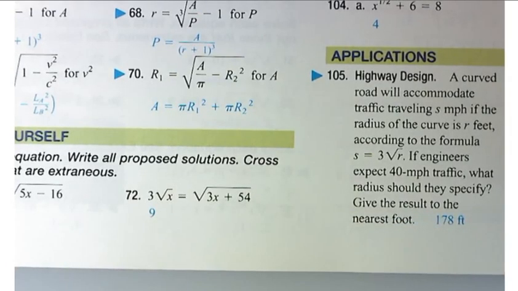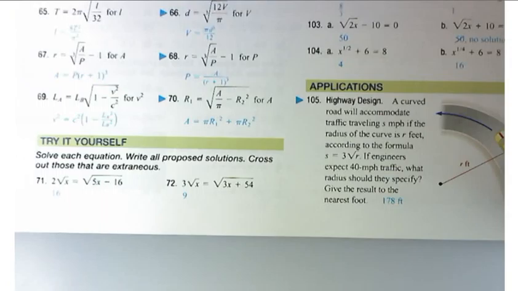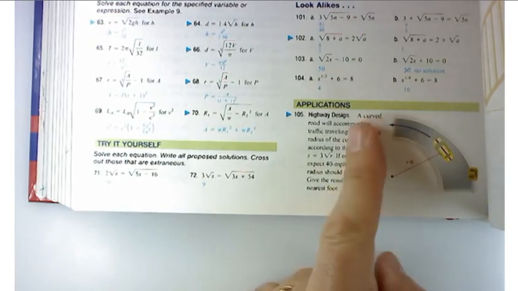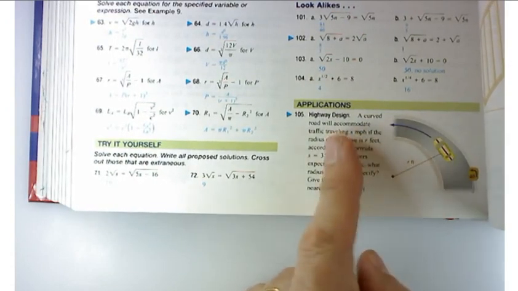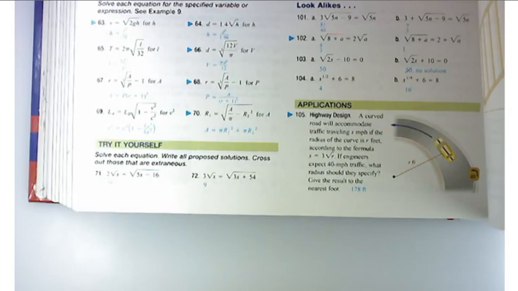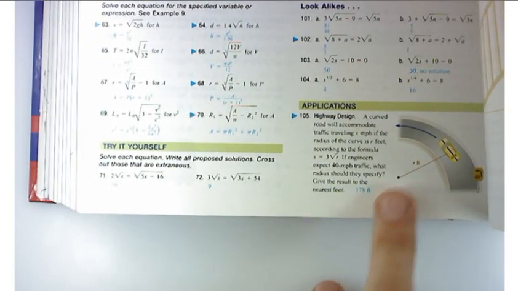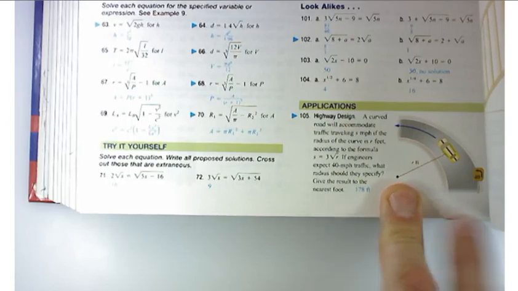So let me zoom out just a little bit, so you can see here. Basically what the engineers are going to do is figure out how wide of a turn this should be in order to accommodate traffic of a certain dimension. So let's think about what that radius would be.